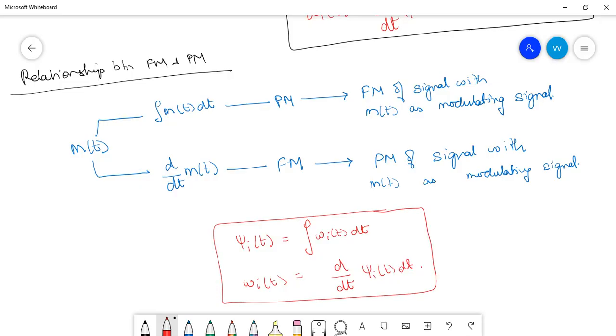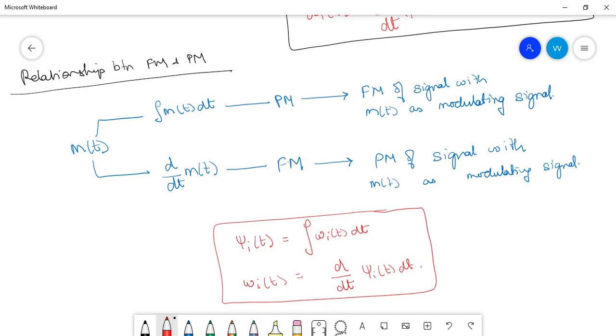If a signal is doing the phase modulation, it is changing just the angle. So I can integrate that signal and then do the phase modulation, and I will get the frequency modulation of the original signal. Conversely, if I take the message signal, take the derivative of it, and do the frequency modulation, then I would get the phase modulation of m(t).